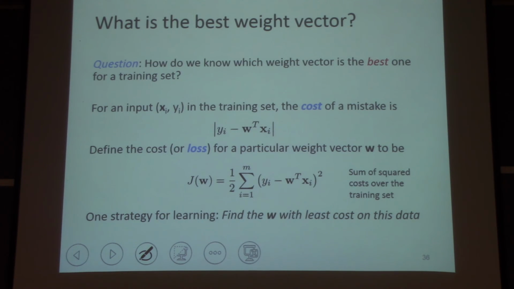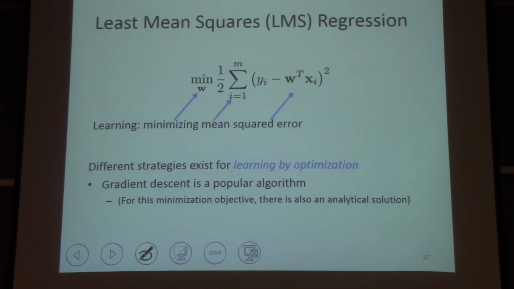So this idea of minimizing the squared error for regression is also called, very creatively, least mean squares regression. You minimize the squared error, or rather the mean of it.